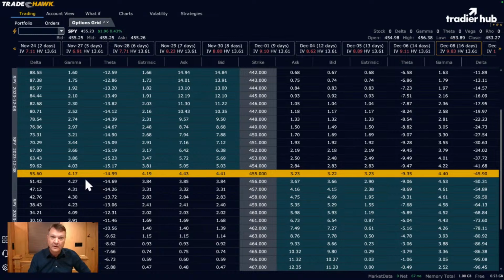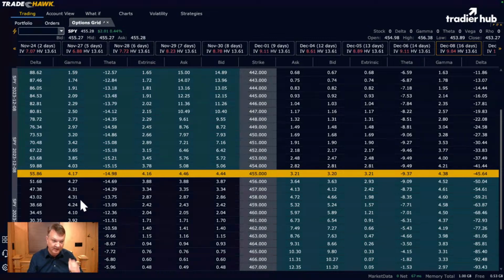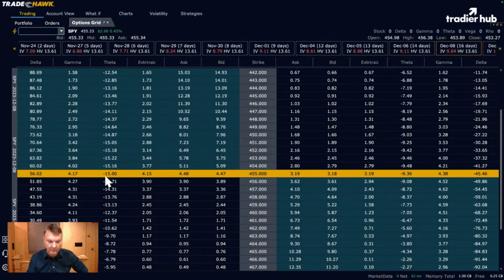Now, what did we say about gamma? Gamma is the most explosive on the at-the-money option contracts, and then the slopes get smaller and smaller as you go deeper in and deeper out. We're going to concentrate on the call side of things, and you see the most at-the-money option contract has a gamma of 14.98 right here, or 0.149 divided by 100.